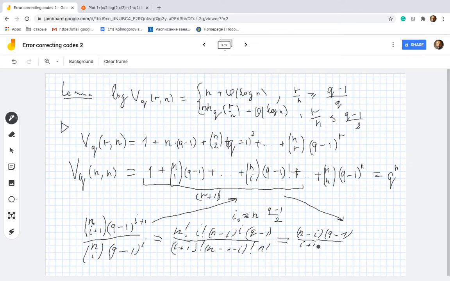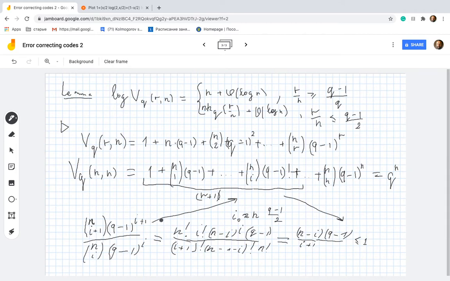So now we need to understand for which i this becomes less than 1, because this is the i for which the term is maximal. And it is easy to see that if i increases, then n minus i decreases, and 1 over i plus 1 also decreases. So indeed when i increases, this ratio decreases.